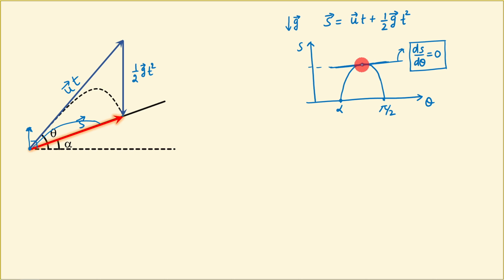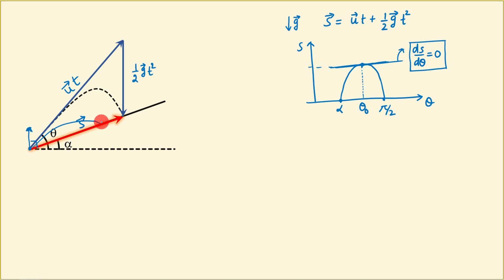Let's say the particular value of theta when the displacement is maximum is theta naught. So when the angle of launch is equal to theta naught, the range, the value of s, is going to be maximum.